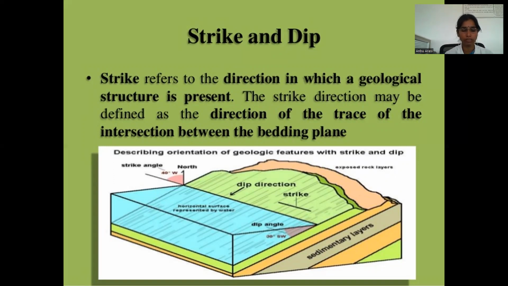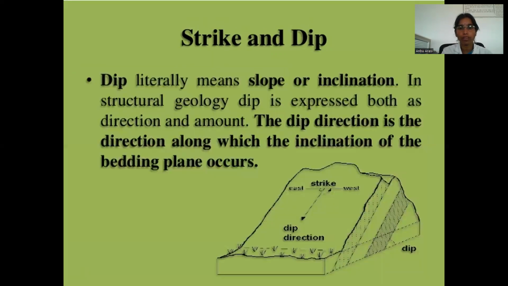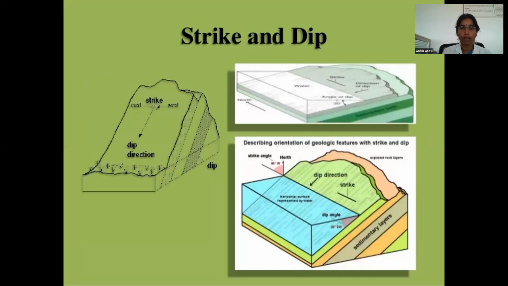The dip measured in any other direction other than the true dip direction is called apparent dip, which is essentially less than the true dip. These are all examples of strike and dip.